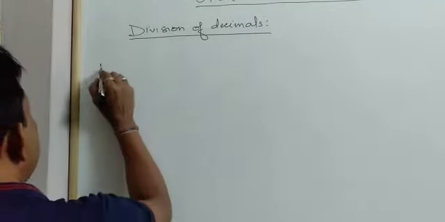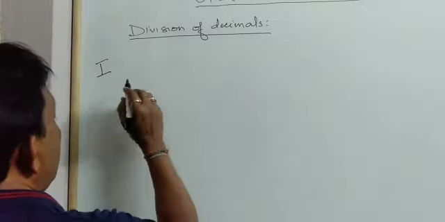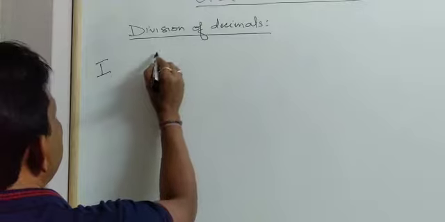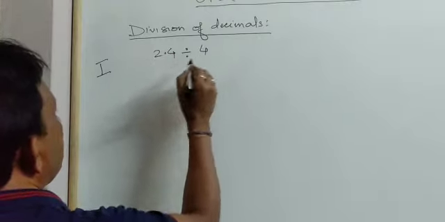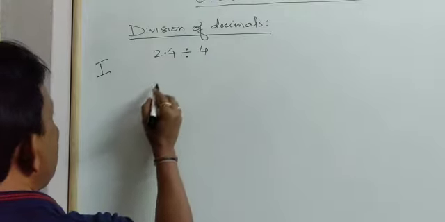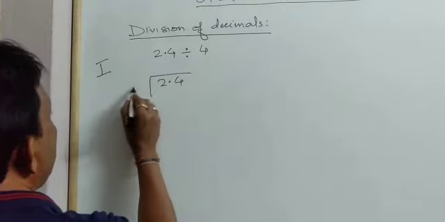Now, the first case is, suppose we are dividing a decimal by a whole number. Suppose say 2.4 divided by 4. This is a normal division. So now 2.4 divided by 4.